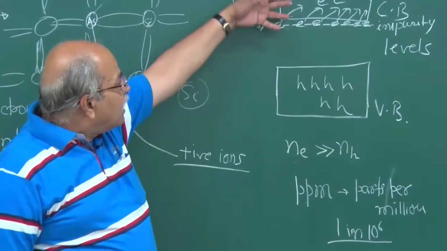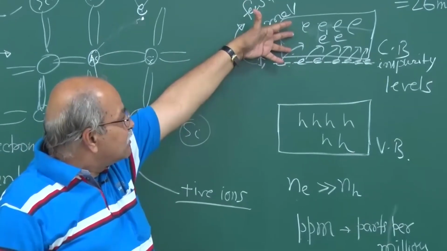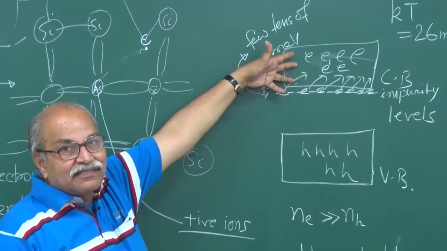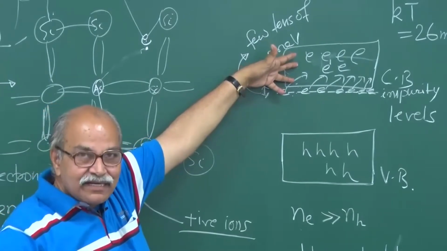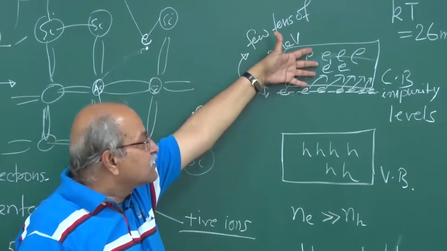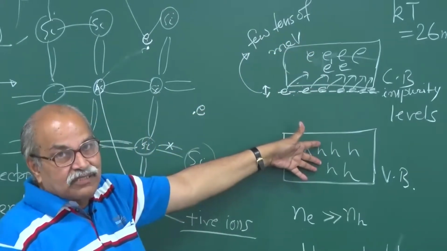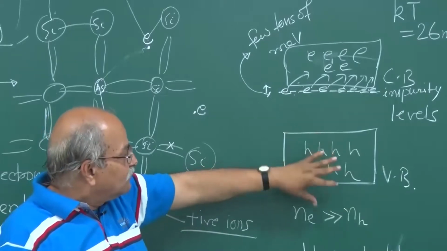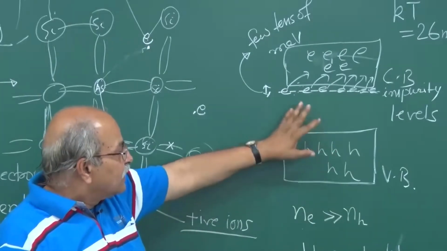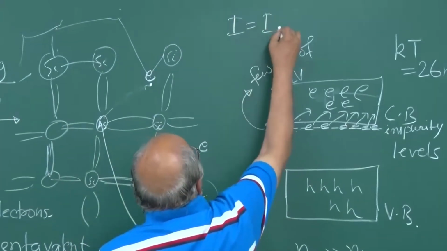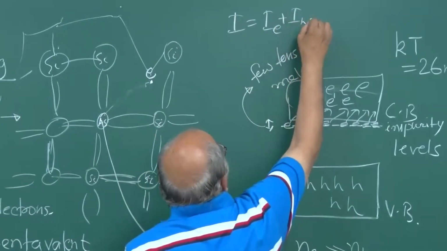So the charge carriers, remember in semiconductors, if you apply an electric field, if you connect it to a battery, then the electrical conduction is because of these conduction electrons, and also because of these holes, because here also you have some movement of electrons, and so you have I equal to IE plus IH.